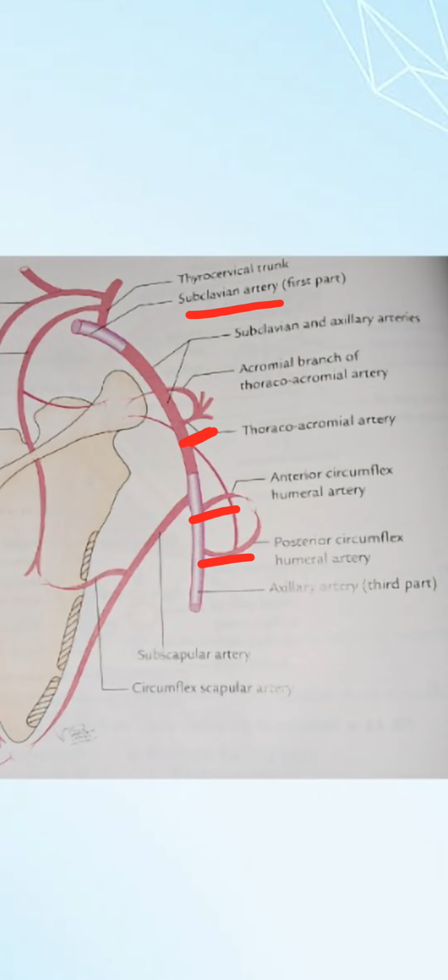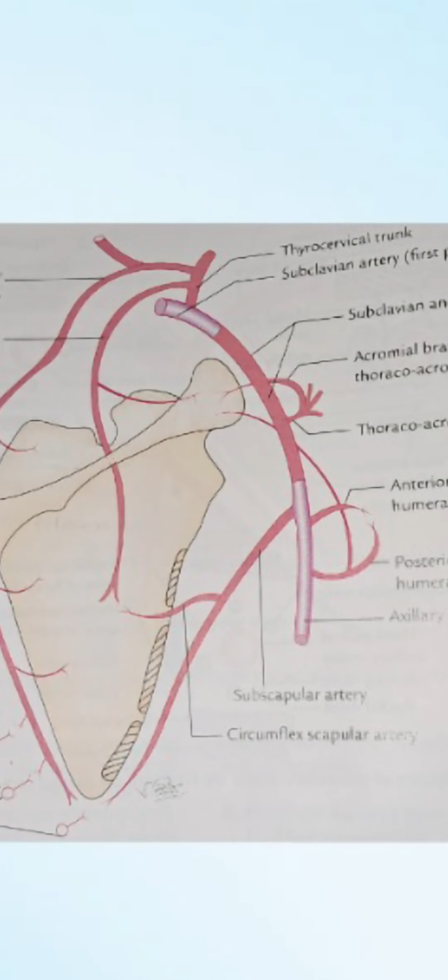Now we will see about the anastomosis taking place at the acromion process of the scapula. So here, first, the suprascapular artery gives a branch to the acromion process. That is the first one, the acromion branch of the suprascapular artery.